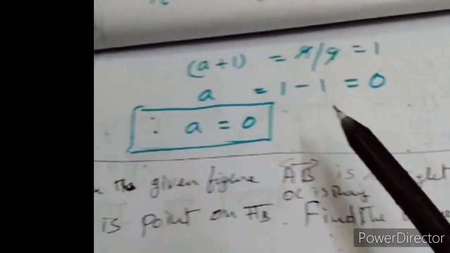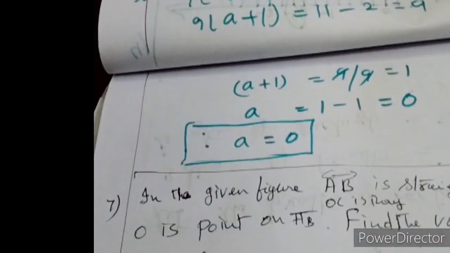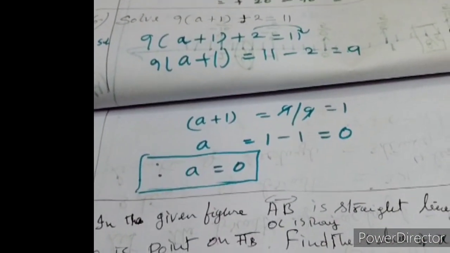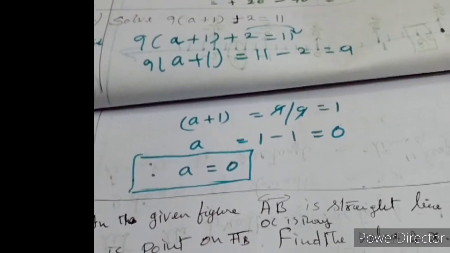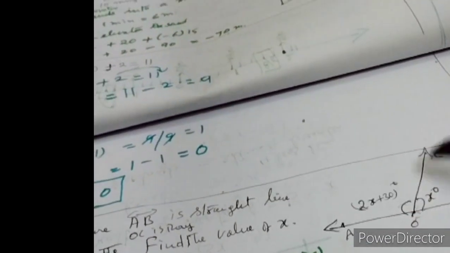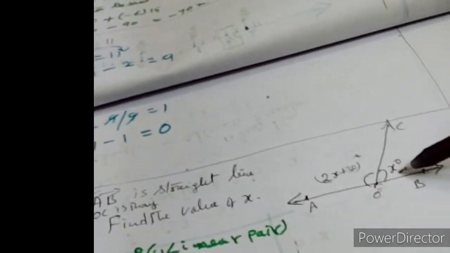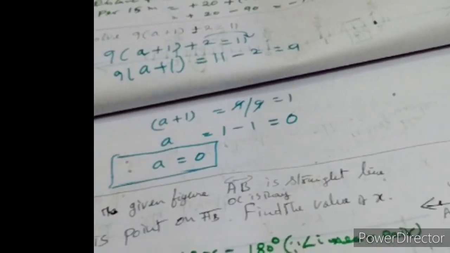Coming to the next one, see, in the given figure, AB is a straight line and O is a point on AB. OC is what? It is a ray. Here they have given angles: 2x plus 30 is one angle, another one is x degrees. We have to find the value of x.